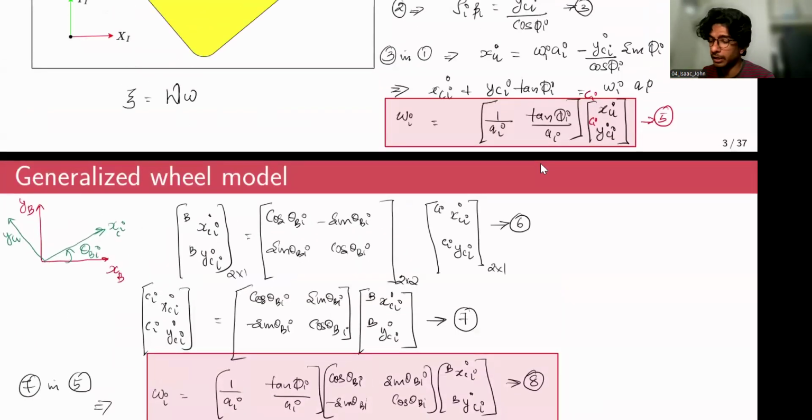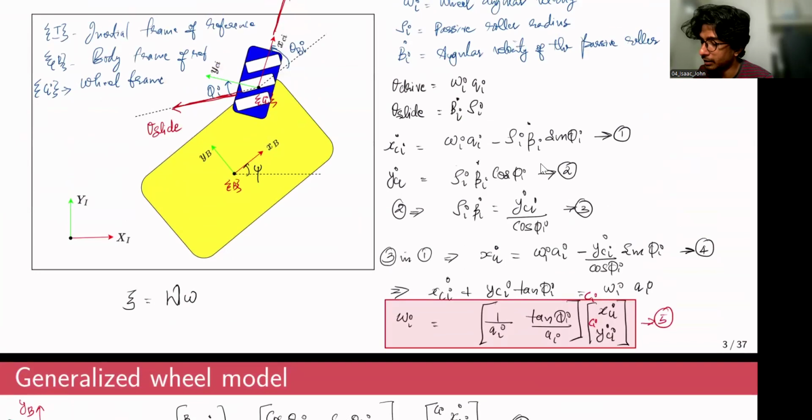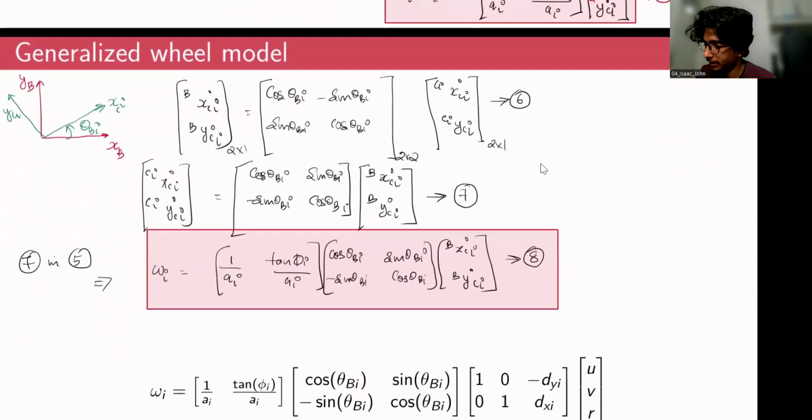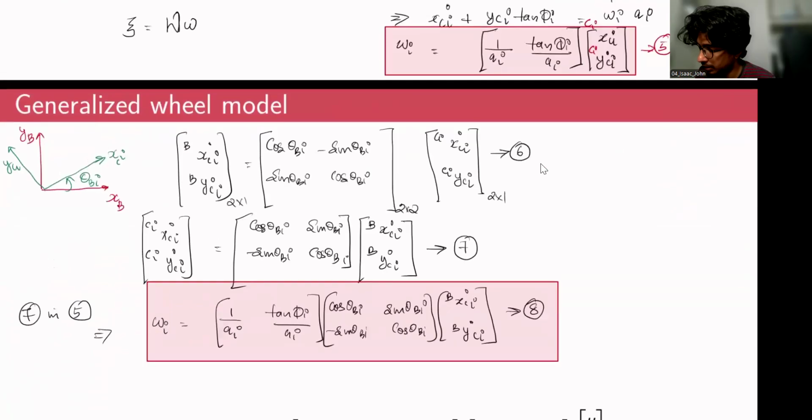Right? So as a summary, we have initially found a mapping between omega I and xci dot. And now we have found a mapping between omega I and this with respect to the B frame of reference.